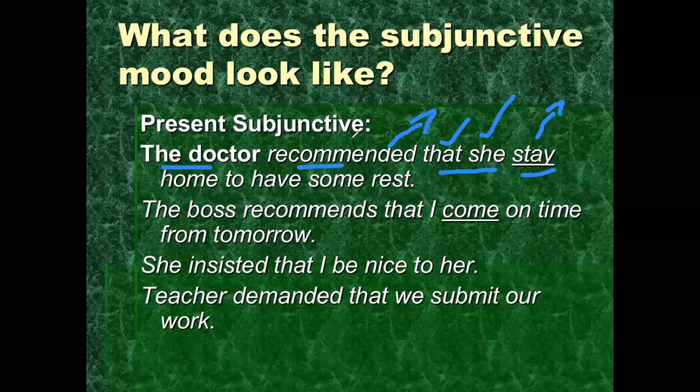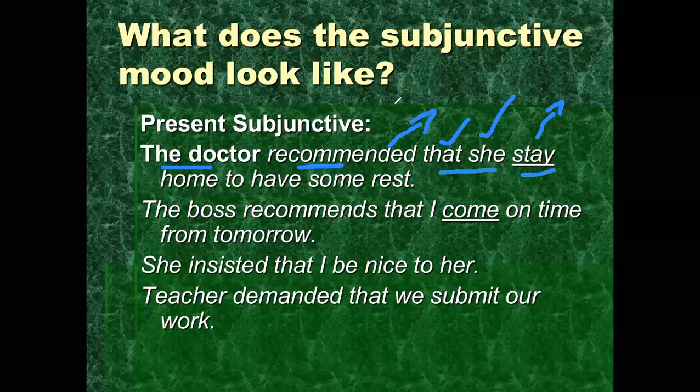For example, the word like demand, the word like require, or the words of requests. For example, the word like urge, the word like request itself. All right, so if you have such words in the main clause, then the chances are the sentence is in the subjunctive mood.